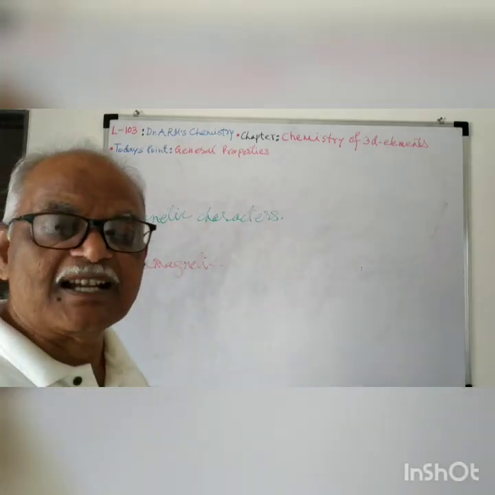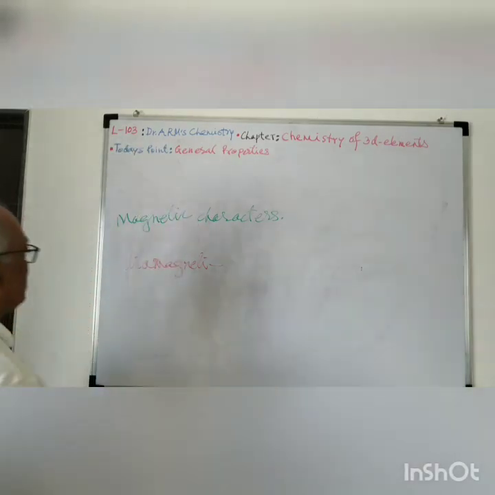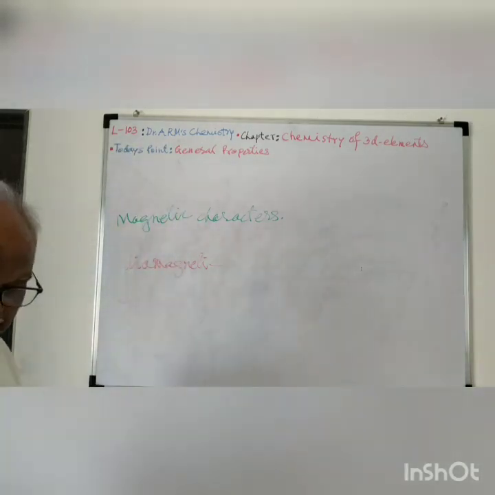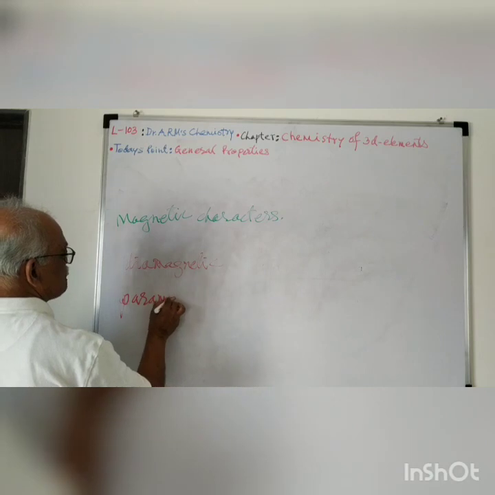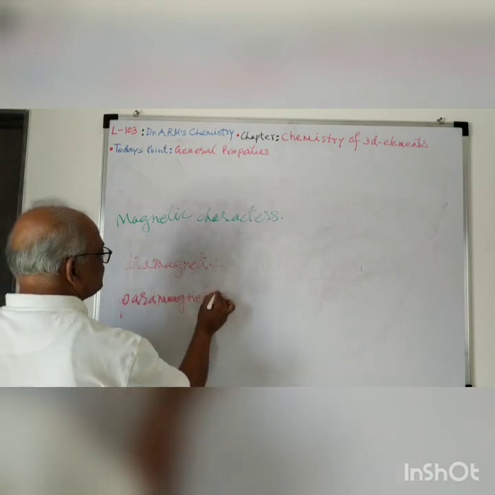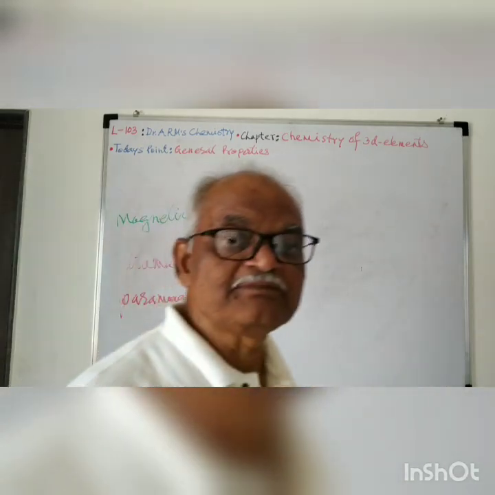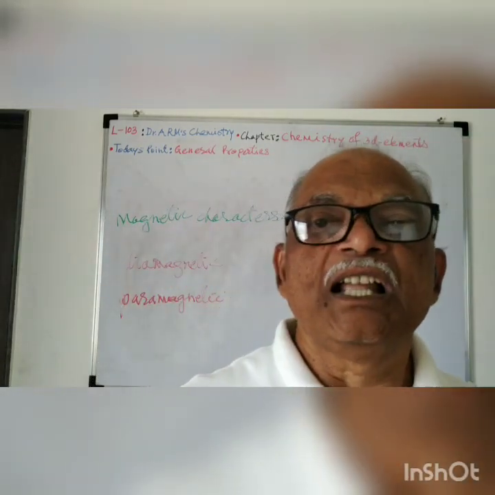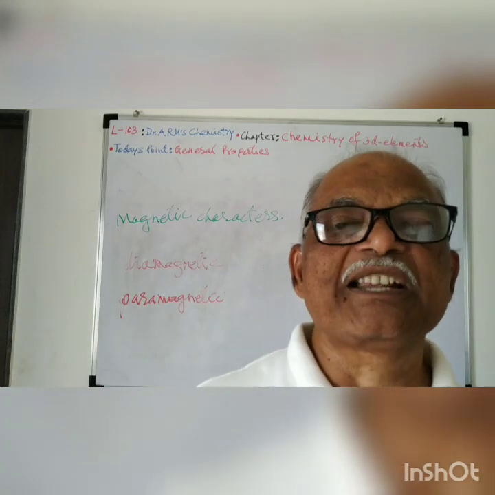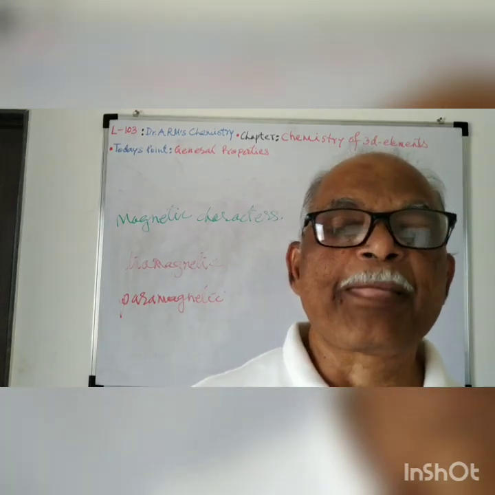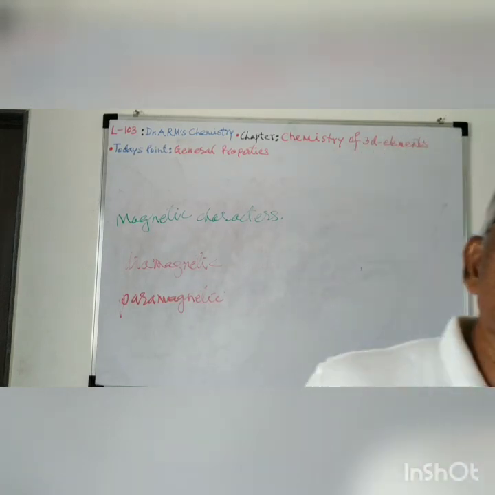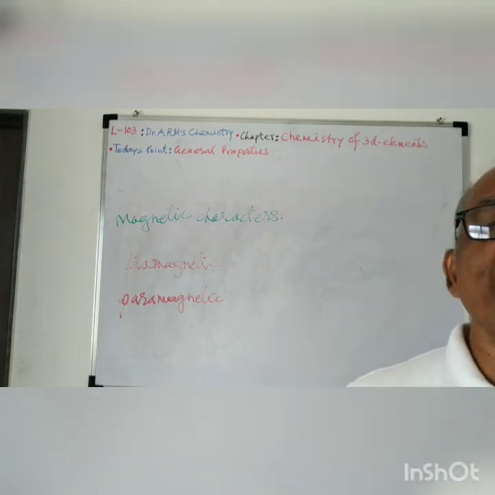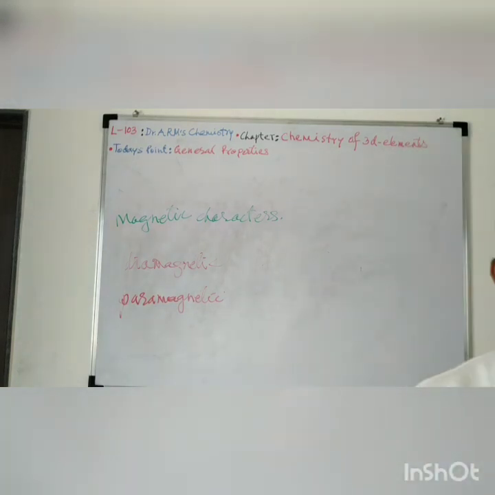If the substance contains one or more unpaired electrons, then it is called paramagnetic. So paramagnetism arises due to the presence of unpaired electrons, and diamagnetism arises due to the presence of paired electrons. When all electrons are in the paired state, the substance becomes diamagnetic. When there is at least one electron in the unpaired state, it is called a paramagnetic substance.